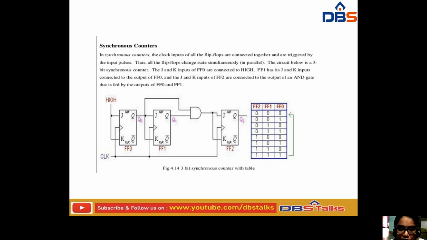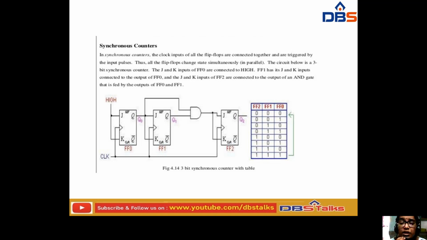The circuit that you are seeing below is a 3-bit synchronous counter. If it is a 3-bit counter, the possible number of outputs is 2 power 3, that is 8. Here J and K are the inputs of flip-flop 0 and are connected to high, such that flip-flop 1 has its J and K inputs.